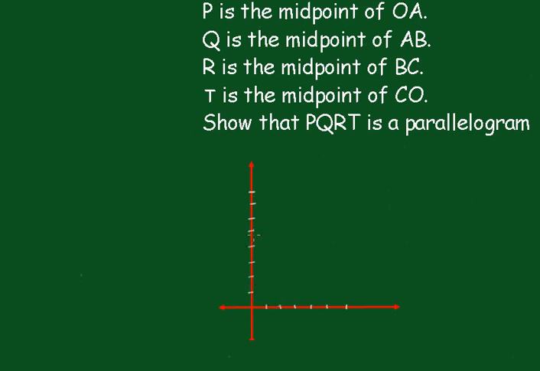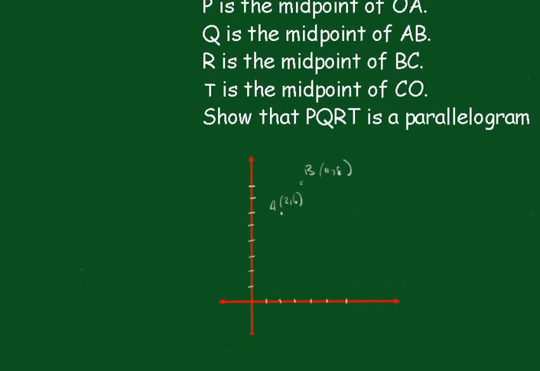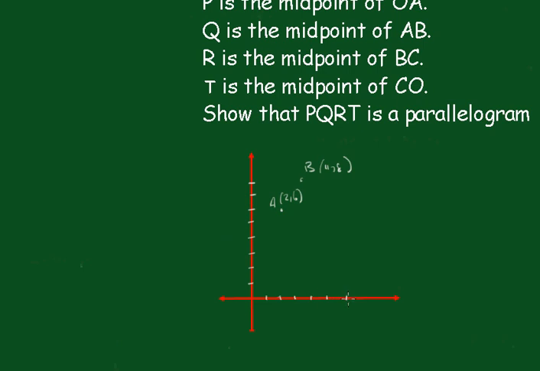A is there. And we have B is (4, 8), up here. There's B. And we have C, which is the point (6, 2).